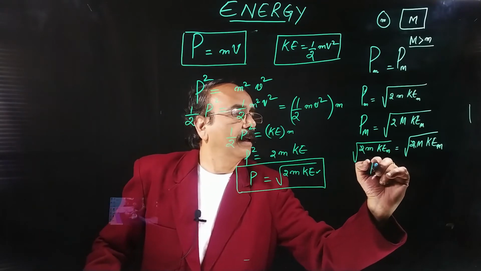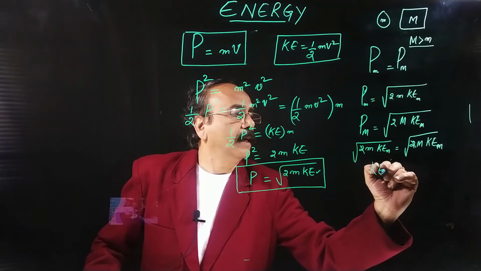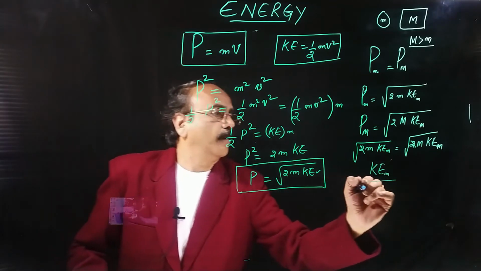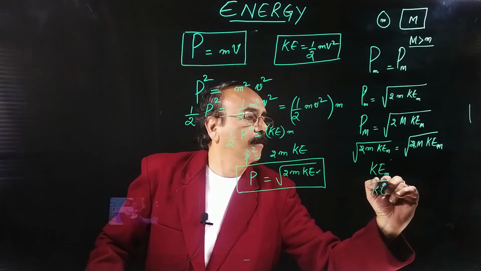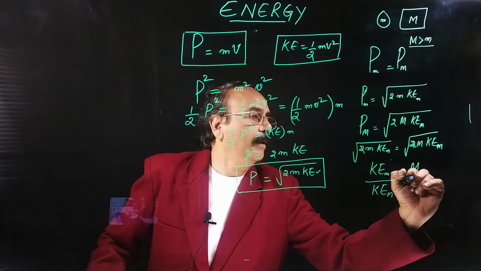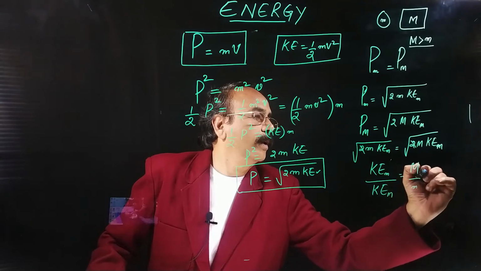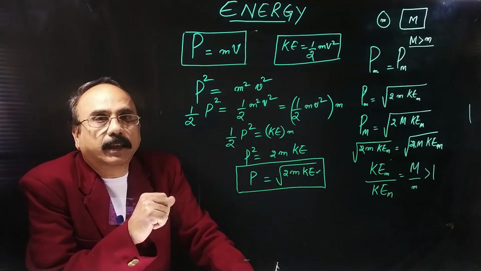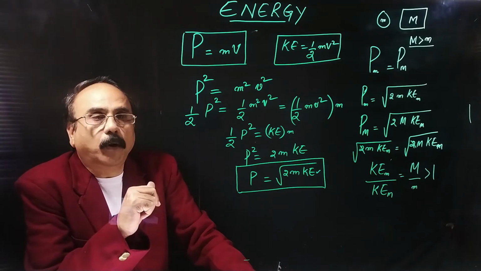Then finally we end up with the result: kinetic energy of the lighter mass by kinetic energy of the heavier mass is equal to capital M by small m, which is greater than 1, as capital M is bigger than small m.